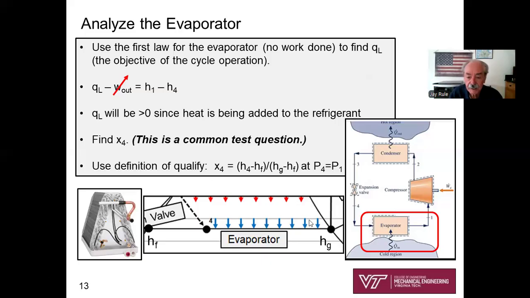What does the evaporator look like? Here's a photograph of an evaporator for a home air conditioning system, a whole house air conditioning system. Hot or warm return air coming back from your rooms comes in low and flows across these coils full of refrigerant that is flowing from 4 to 1.